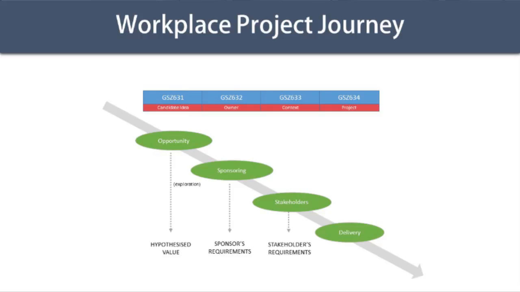So that when you actually get to Unit 4 or GSZ 634, you've got a clear picture of the opportunity, you've established the relationship with the sponsor, and you've identified the requirements of all the relevant stakeholders. So that means that when you get to Unit 4, you're in a very clear position to commence your project, to give yourself maximum opportunity to deliver maximum value and to get a maximum value out of the activity.